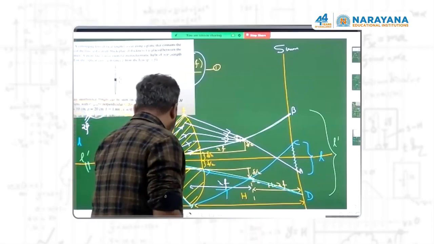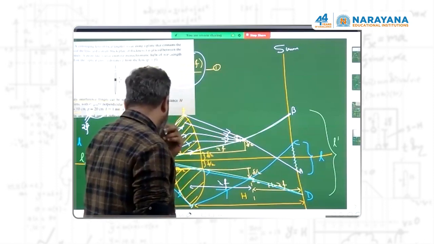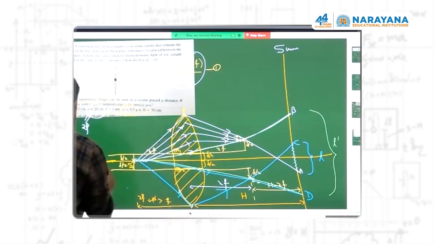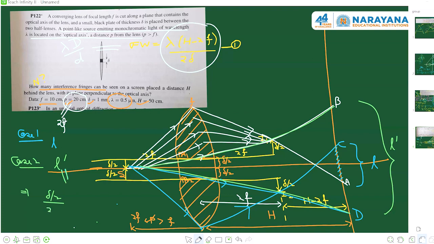The distances are 2f, 2f, and that height, there was 3 delta by 2. In fact, I can write from here also. So delta by 2 divided by 2f, which was P actually, is equal to L prime by 2 divided by the total distance, and that is 2f plus h.